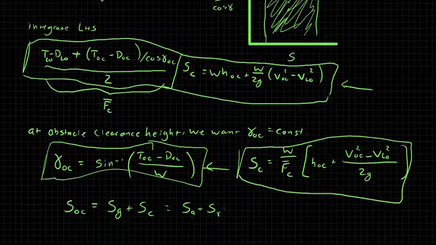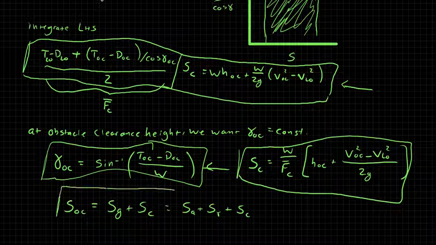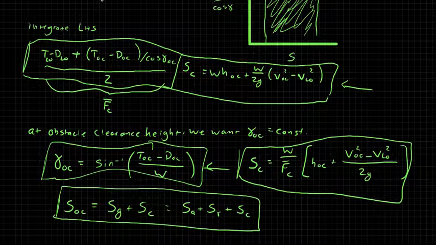So acceleration distance plus rotation distance plus the transition distance, and that gives us our FAR takeoff distance. And of course, if you want to figure out balanced field length, you're going to be calculating a portion of your acceleration phase, your rotation phase, and your transition phase with one engine. Okay, so there you have it.